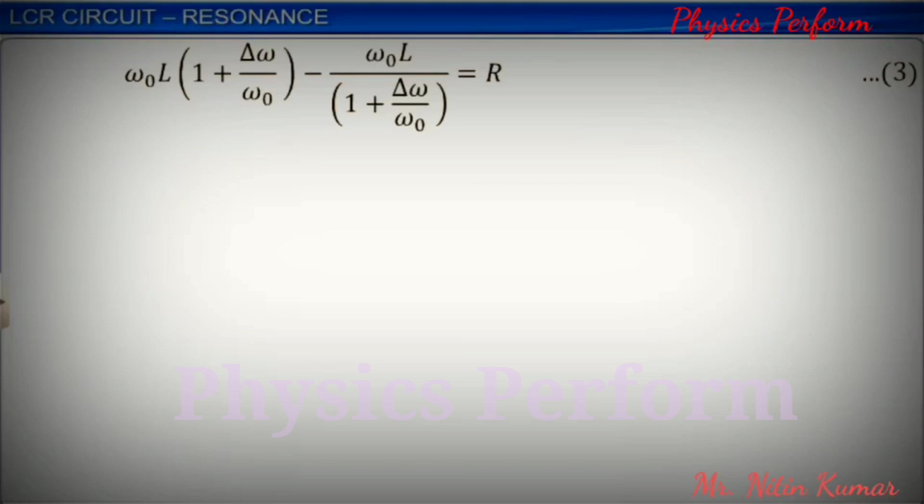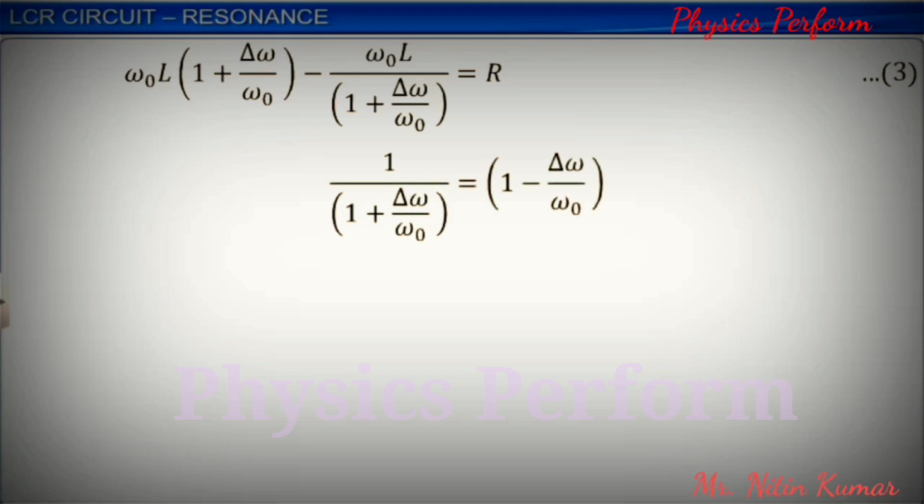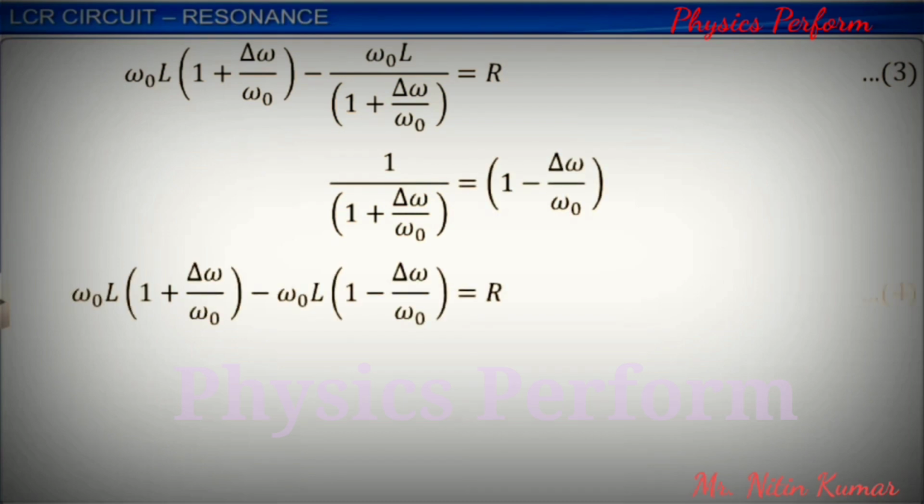Using binomial approximation on the expression 1 by 1 plus delta omega by omega naught in equation 3, we get equation 4 as shown.